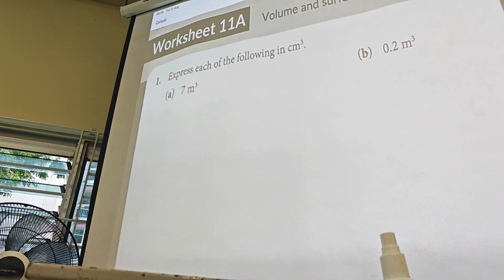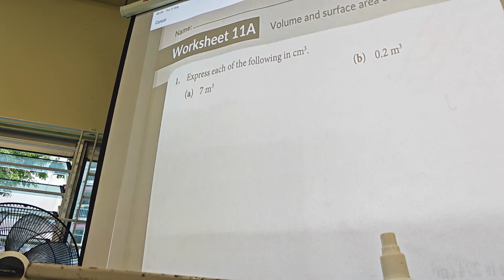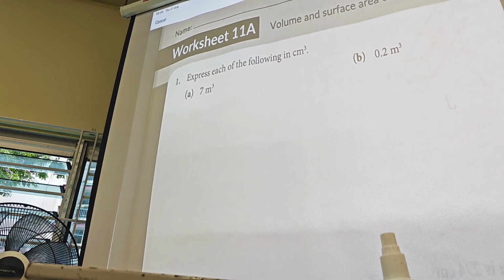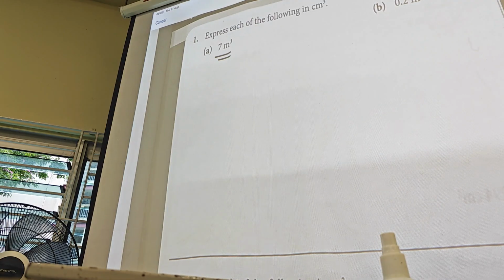So what this means is, now you started with an object that has 7 meter cubic area, meaning this space looks like this.